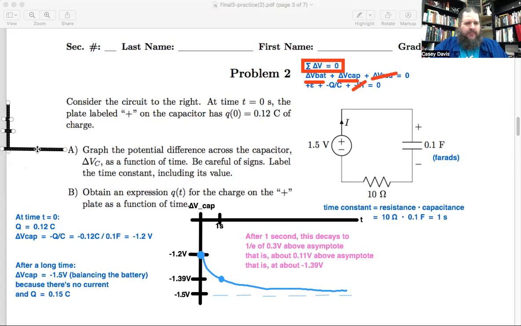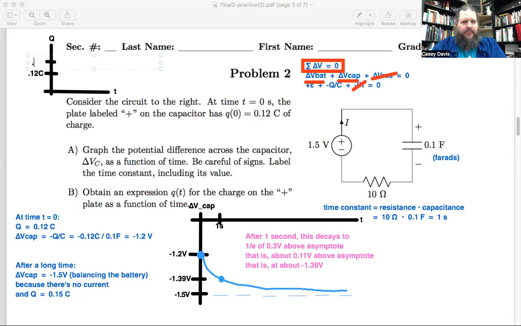Some more space here. So we're starting, and this is a time versus charge graph. We know we start at 0.12 coulombs, and we're going to approach an asymptote of 0.15 coulombs.